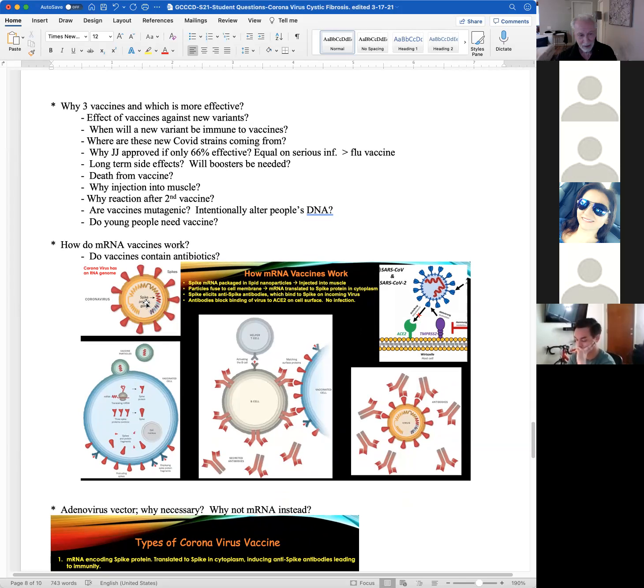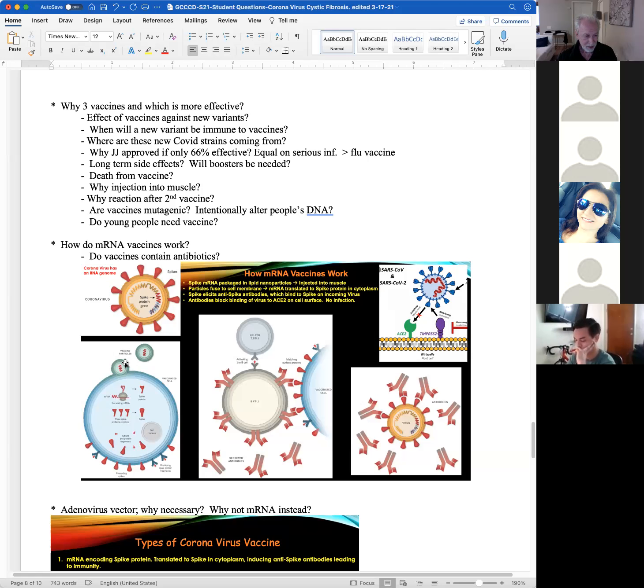So the vaccine is just that. It's that piece of RNA that encodes spike protein. So what the drug companies do is package this little piece of RNA in an oil droplet, and then that's what gets injected into your muscle.